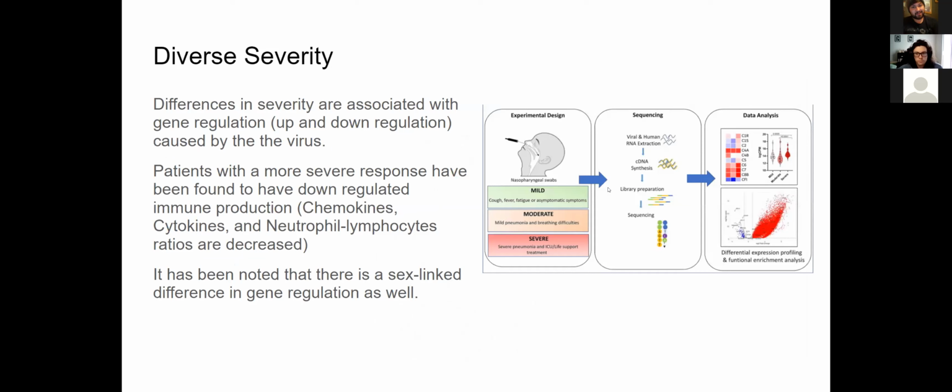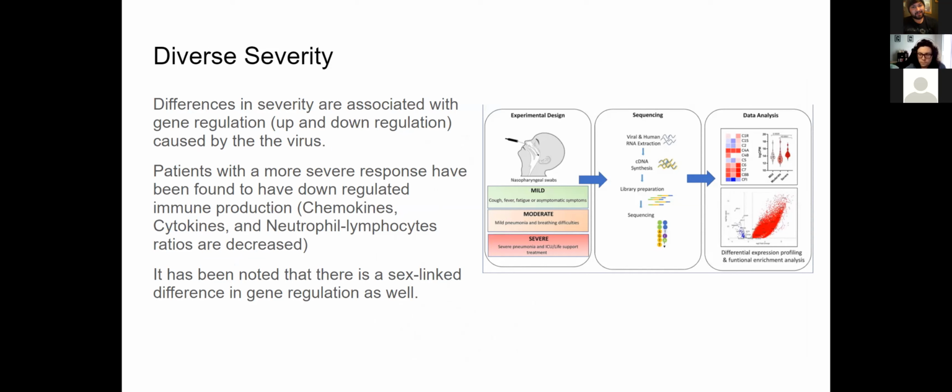This leads into a couple interesting articles that I had found that were looking at the diverse severities, whereas some people would have COVID and not experience many or any symptoms, and then other people would have very severe, deadly symptoms.